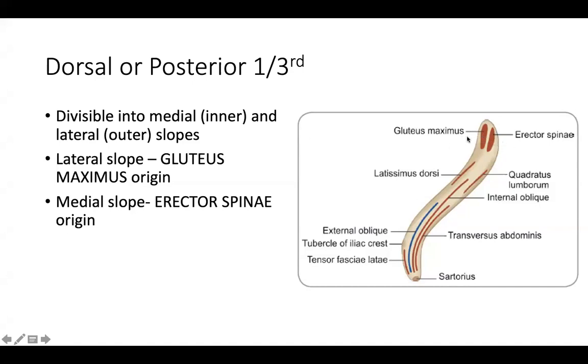This is the lateral sloping area, outer side, because this is the outer lip. So this lateral sloping area gives origin to gluteus maximus muscle. This is the medial sloping area, which gives origin to the erector spinae muscle. Is it clear?